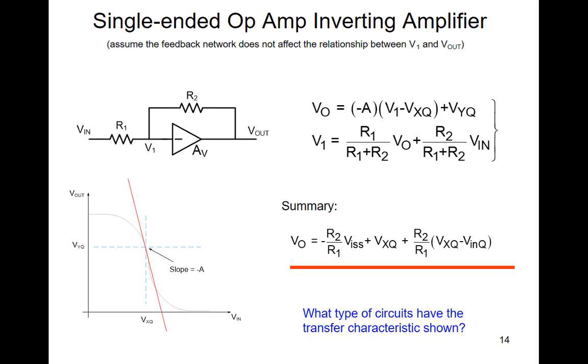So the next question is, if we're going to build op amps, we're going to build these relatively low gain op amps that have this type of transfer characteristic. What type of circuits have transfer characteristics that look like this? Have we seen circuits that have a transfer characteristic that looks like this? What? An inverter. We saw inverters in 330.